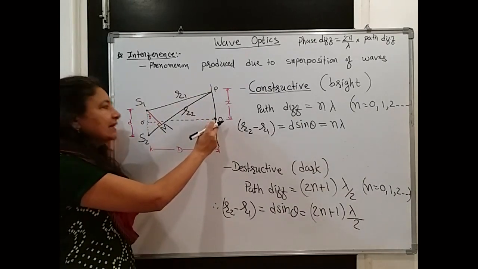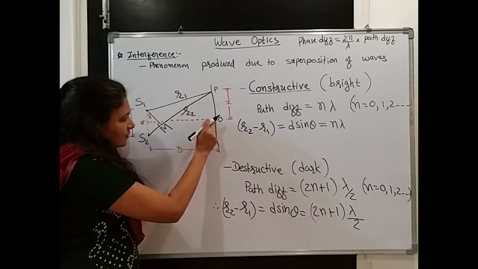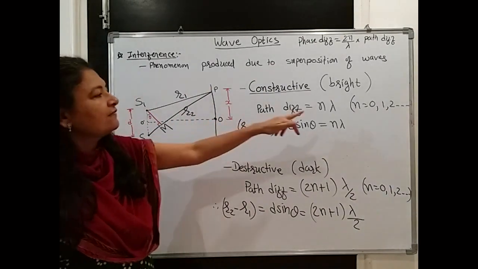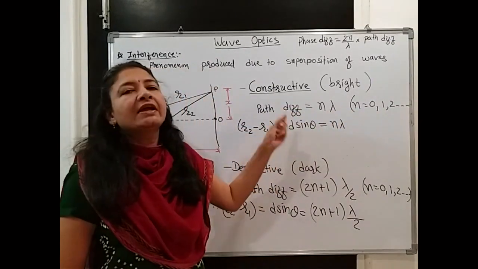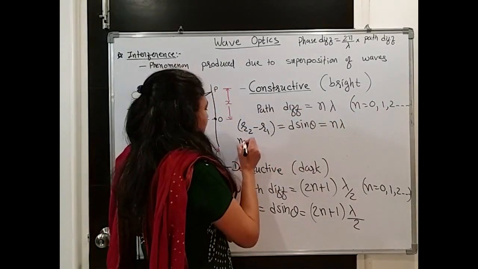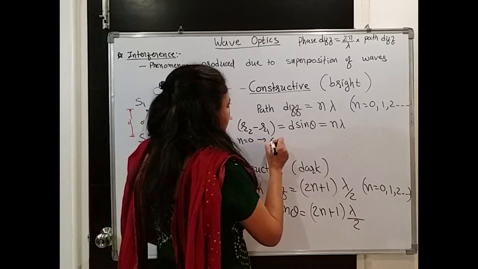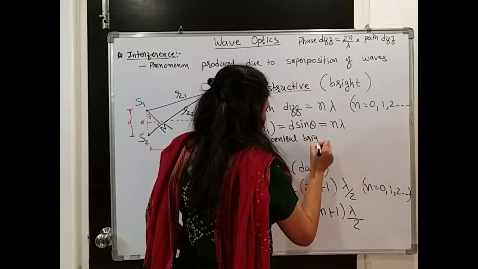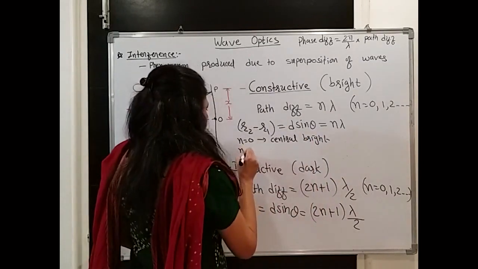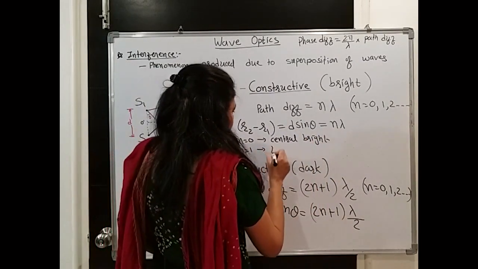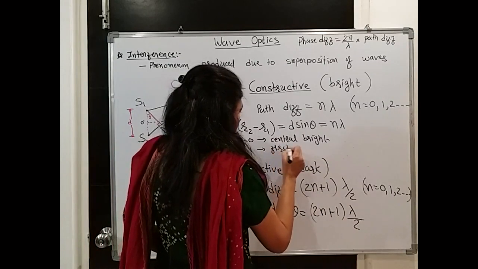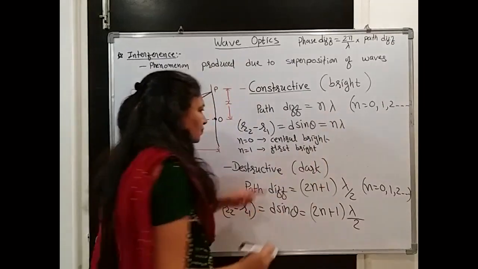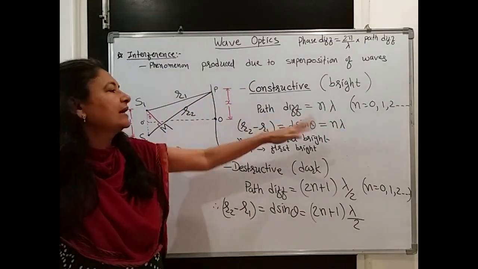Two waves will superpose here, the path difference will be 0, and the central bright will be formed. If I put n equal to 1, I will get the first bright. So n equal to 0 represents central bright, n equal to 1 represents first bright, n equal to 2 represents second bright, and so on.